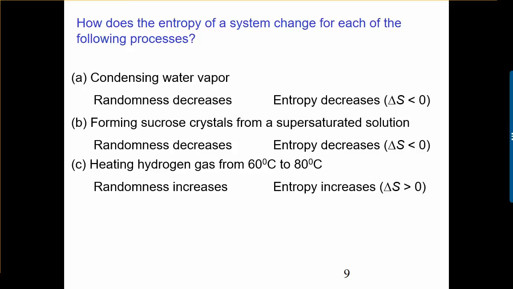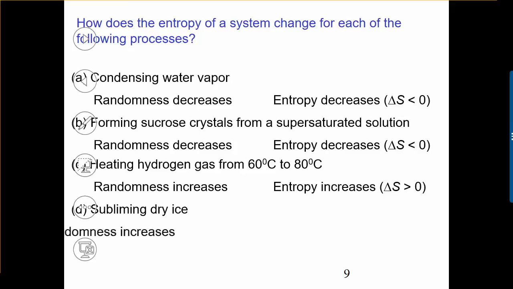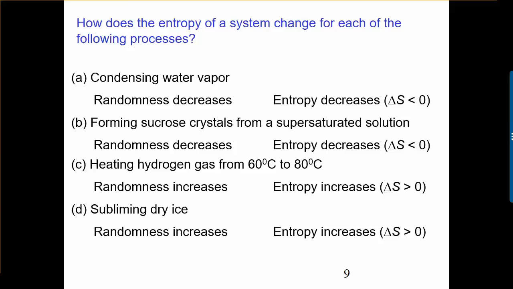So the randomness and the disorder is increasing. Subliming dry ice. What does that mean? Solid to gas, sublimation. Randomness is increasing. Okay? So our delta S is greater than 0.